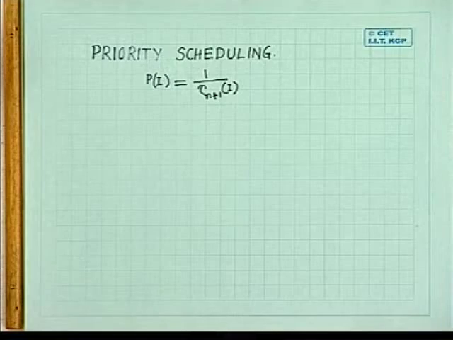Since in shortest job first we are executing the job having the minimum CPU burst time first, it is just the reciprocal of that which tells you the priority of that job. So, I can also say that the shortest job first scheduling technique is nothing but a special case of priority scheduling technique, where priority is nothing but the reciprocal of the next CPU burst duration.